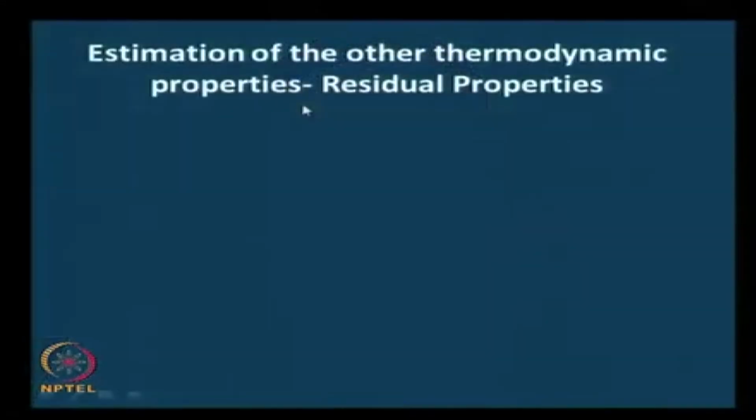Earlier it was all in terms of getting the equations of state or considering different equations of state to improve the generality of application. As you know, the equation of state is something that relates the PV and T of a pure substance. Now, we are going to use that information, PV and T, to estimate the other thermodynamic properties, and the way we are going to do that is to use something called residual properties.